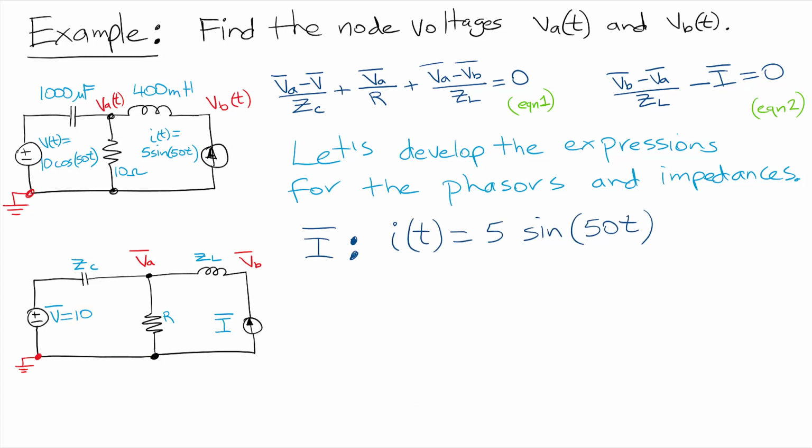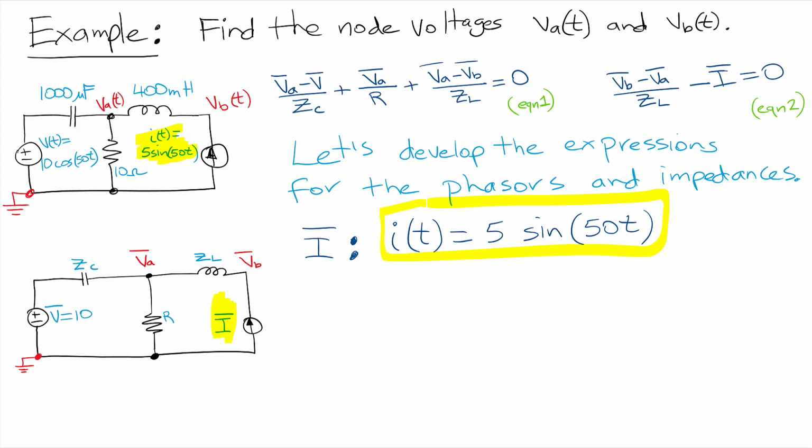So now we're going to do the current phasor, I. Okay, and we start off with the time domain expression here. I is equal to 5 sine 50t. Okay, so now there's a problem because it's a sine, okay?